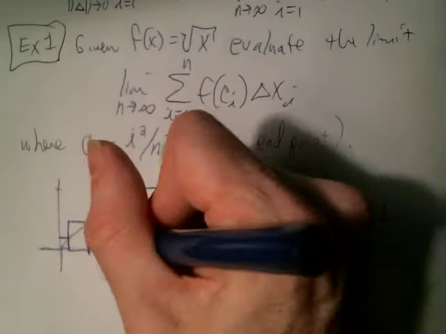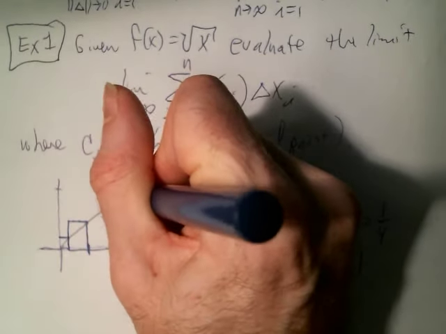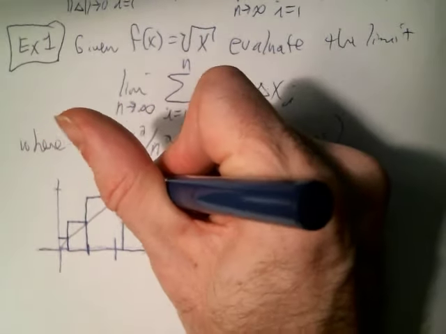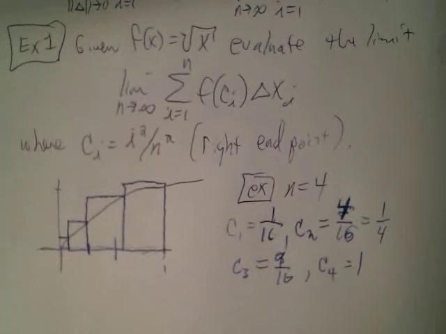So 8/16 would be 1/2. 9/16 is a little more than 1/2, right? So it'd be right here. And then the final rectangle would be right here. In other words, the delta x is not constant, is what we're getting at, right?